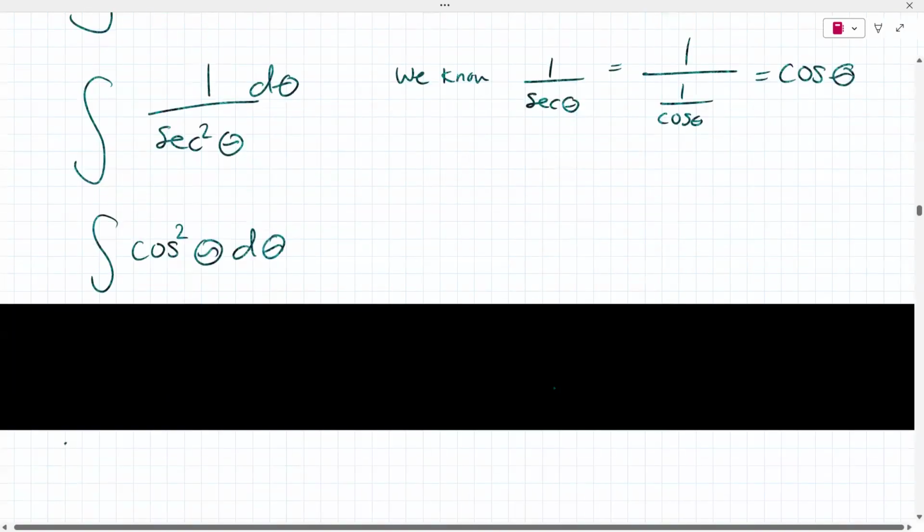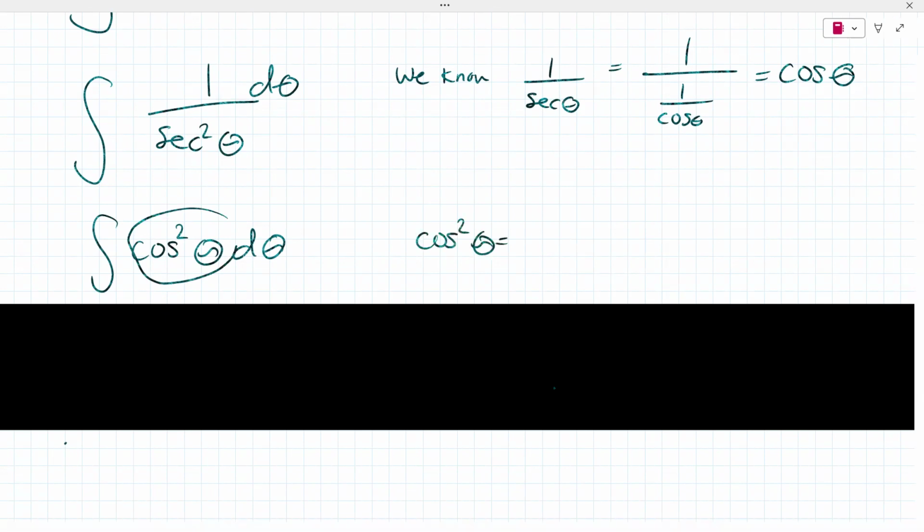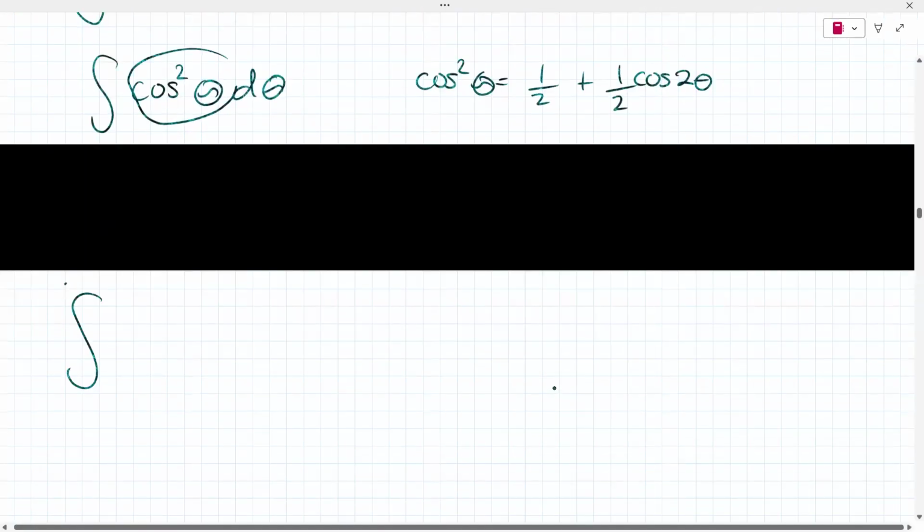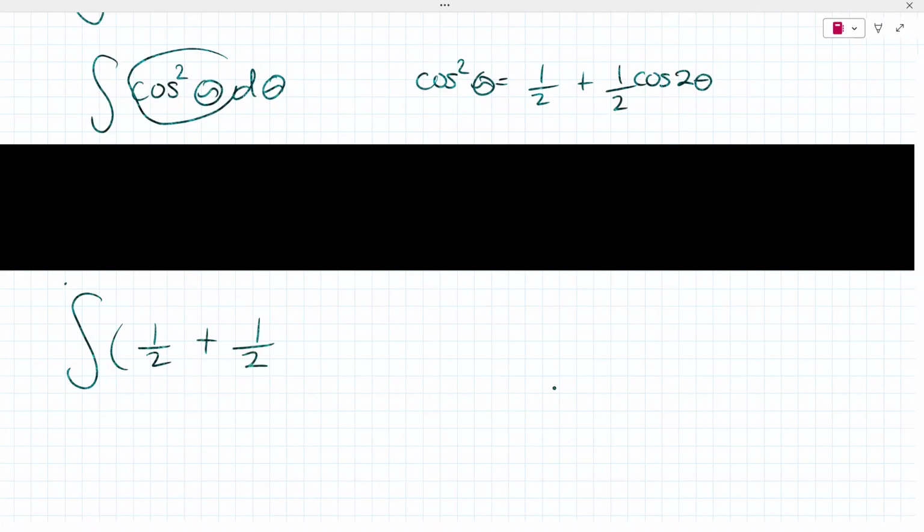Now do more trig substitution. We know that cosine squared theta is the same thing as 1/2 plus 1/2 cosine of 2 theta, right? So we replace cosine squared theta with 1/2 plus 1/2 cosine of 2 theta d theta. Go ahead and take the integral of each term.